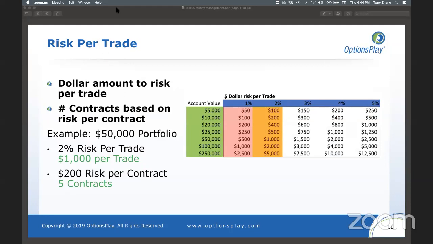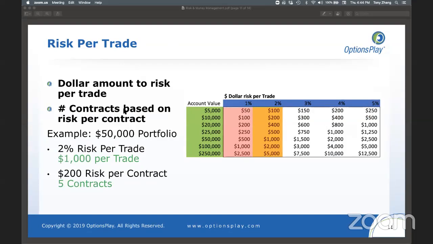So for example, if you have a $50,000 portfolio, and again, I want to reiterate, the $50,000 refers to your discretionary account, not your entire portfolio. If let's say you have a retirement portfolio that's $500,000 in diversified equities, fixed income, and all the other things that you put into your long-term investing strategy, this is not for the $500,000 portfolio. This is for the discretionary portion of your portfolio that you're playing options with.